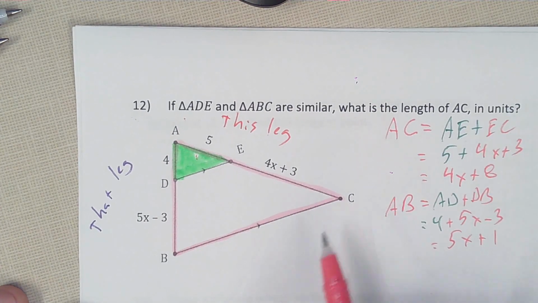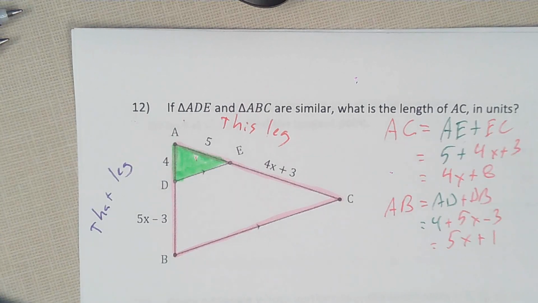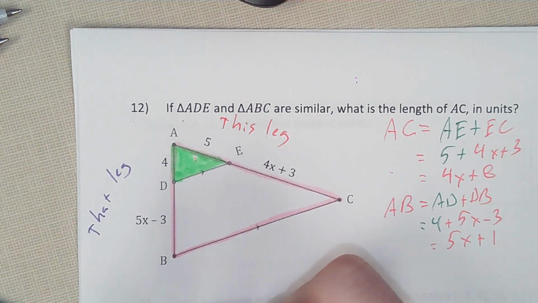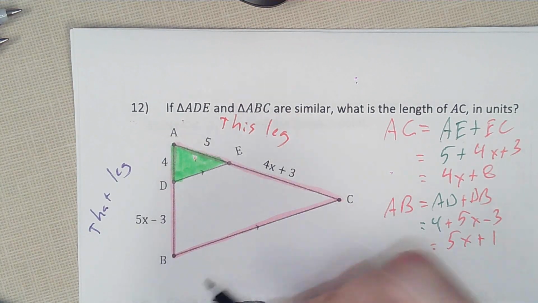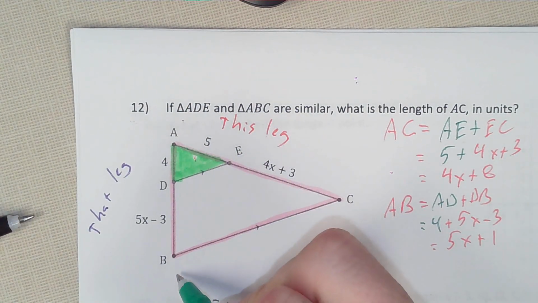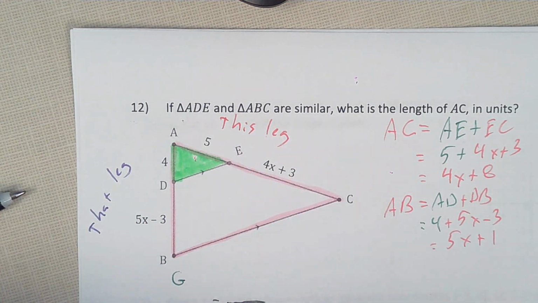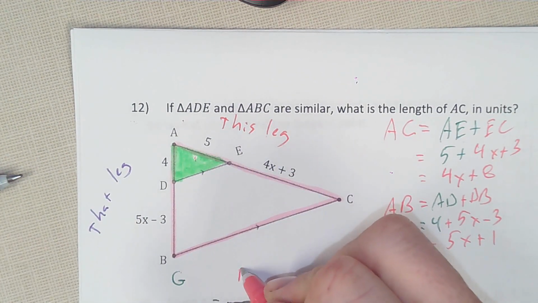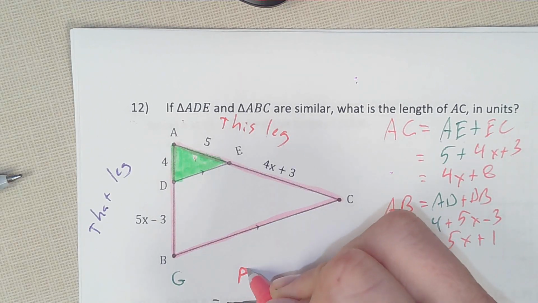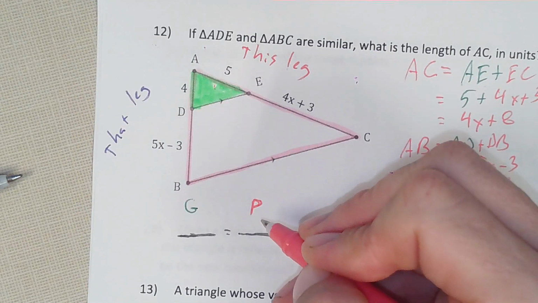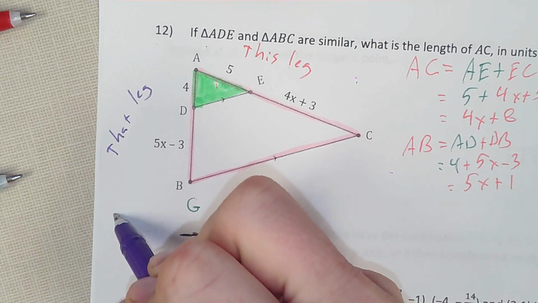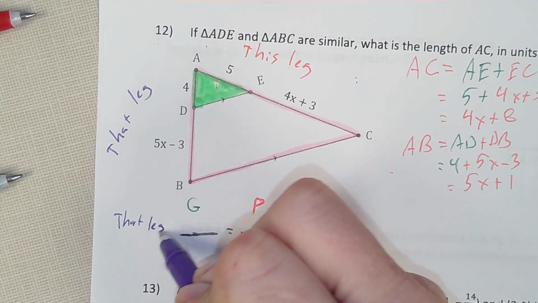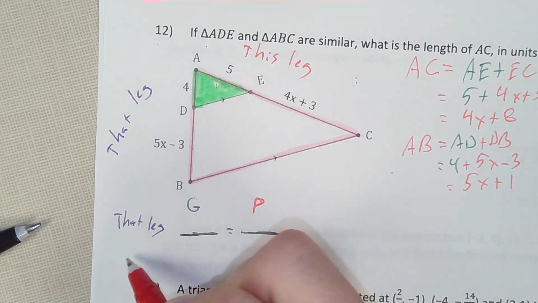All right, now we can set up a ratio of similar triangles. Let's set up our green triangle up here and our pink triangle right here, pink and green, and we're going to be that leg and that leg.